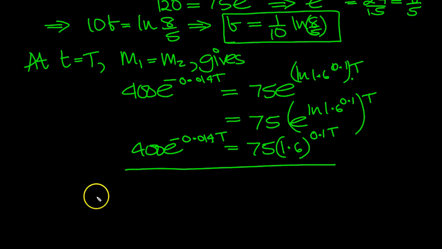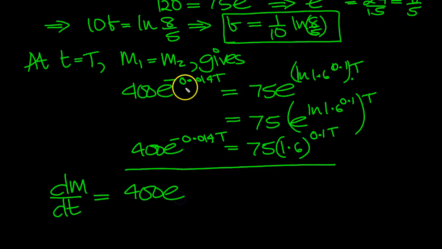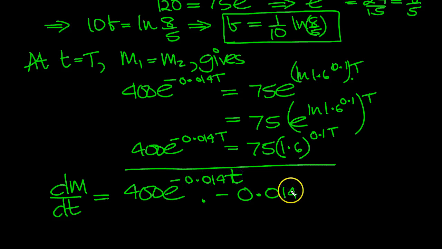So the rate at which that's decreasing, dm1/dt, is equal to, differentiate: this comes down, 400, e to the something differentiates to e to the something, times the something differentiated, minus 0.014. That differentiated, this is a t, sorry, so that just goes to that.